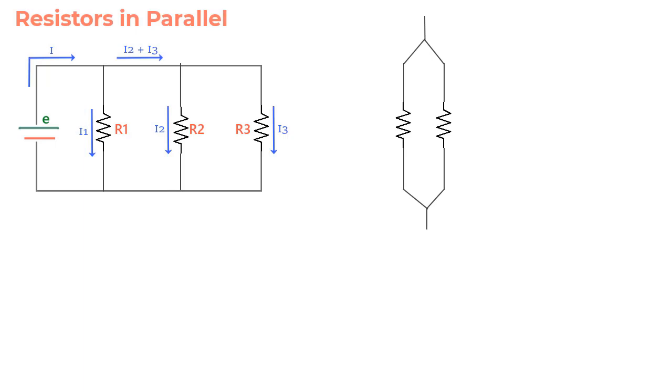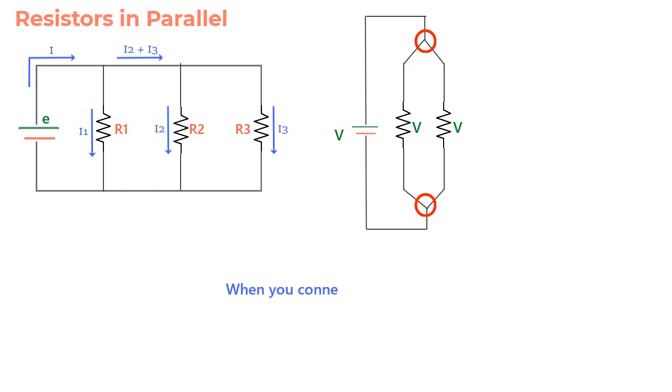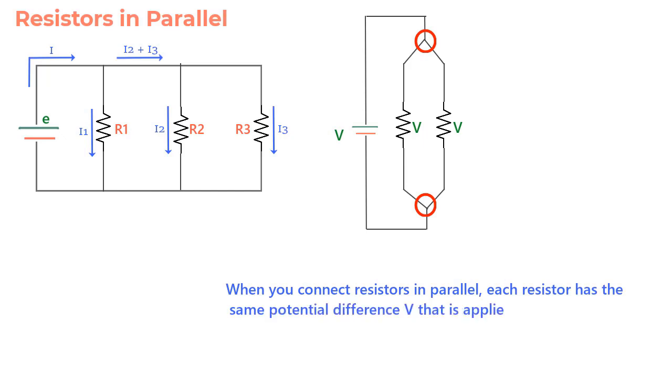And then the potential difference V is applied across the ends. So you see, each resistor ends up having the same potential difference V across, but different current values. So as a rule, when you connect resistors in parallel, each resistor has the same potential difference V applied across the ends.